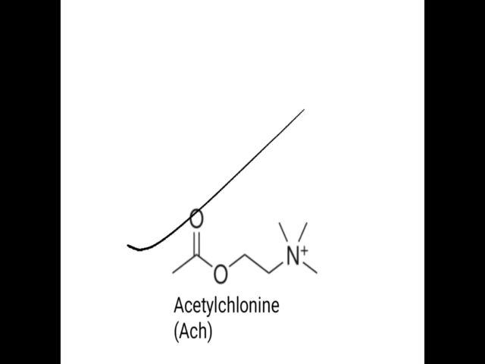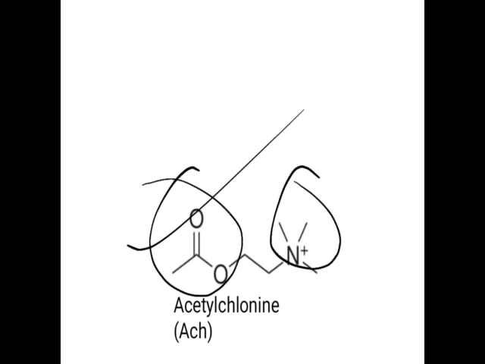After looking at the structure, you can understand it has one ester, and here there is a quaternary ammonium. Due to the quaternary ammonium, it is difficult for acetylcholine to cross the blood-brain barrier. In the periphery, there is an enzyme, butyrylcholinesterase.